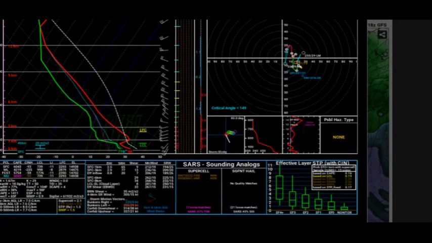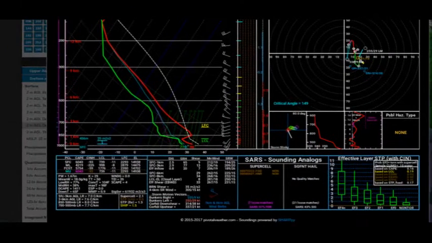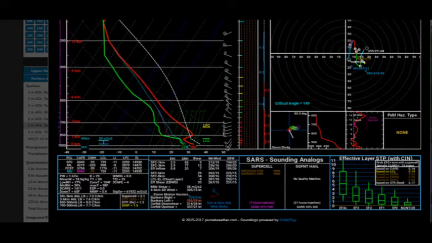So 18Z, you're probably at Carl's Jr., maybe getting an Allsups. I don't know if Allsups is up there in Kansas, but yeah, you're looking at a little bit of capping up there at 850 to 700 millibars. So that's going to be a problem there. And you really need that upper level lift to overcome that.